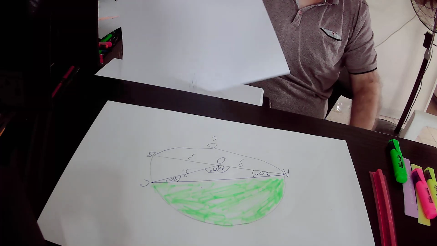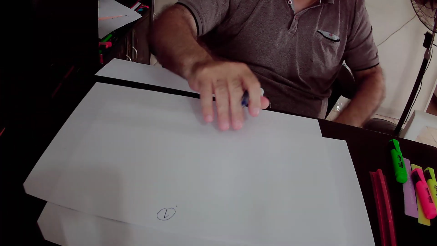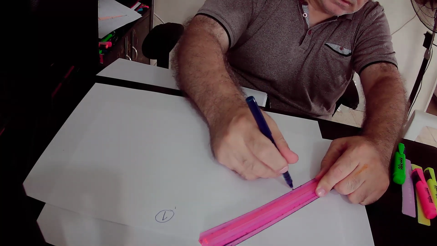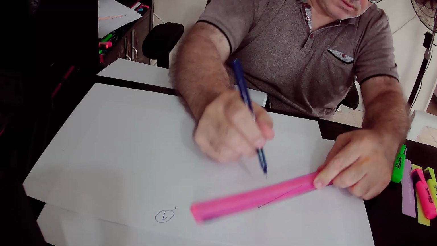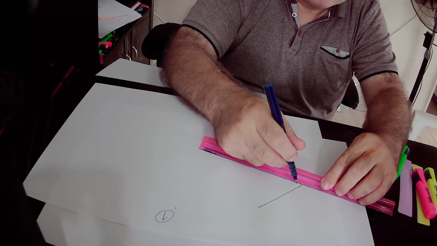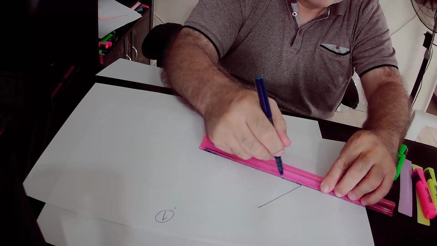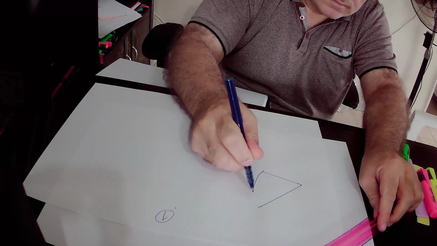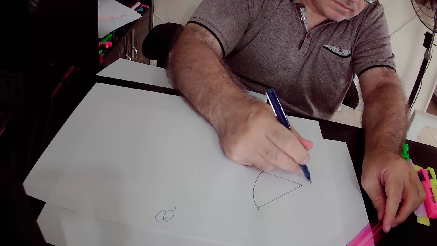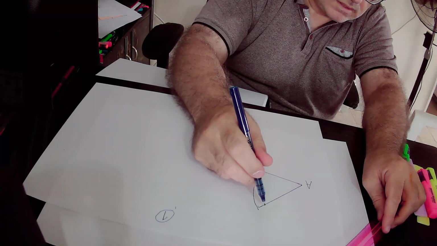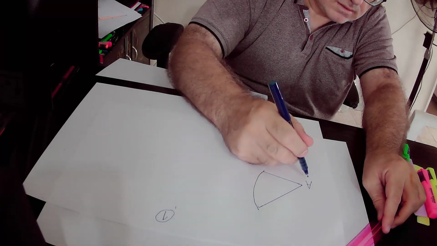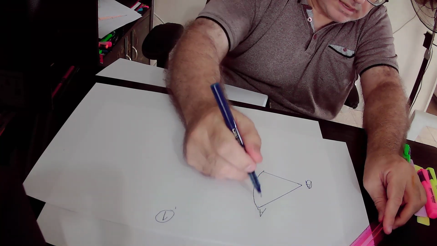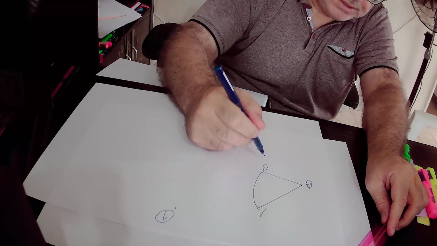What is the area of a sector? So if we have here this sector, it could be any sector, this is sector OAB, that could be any sector.